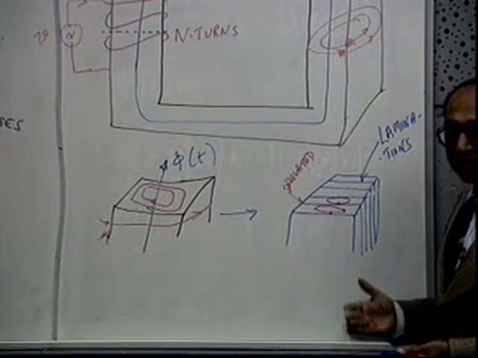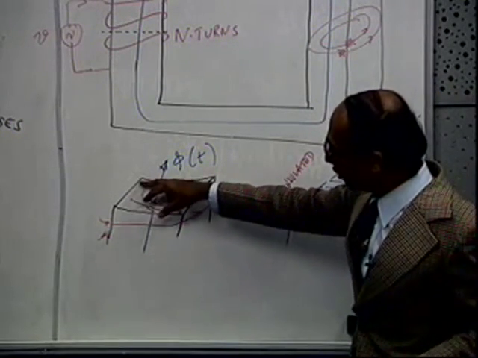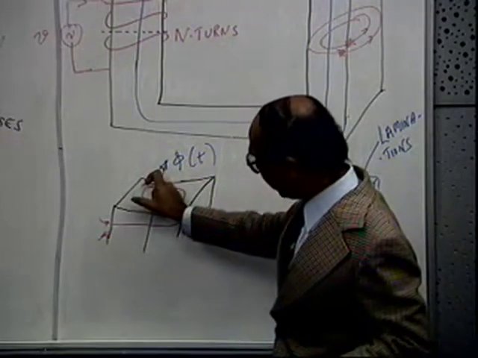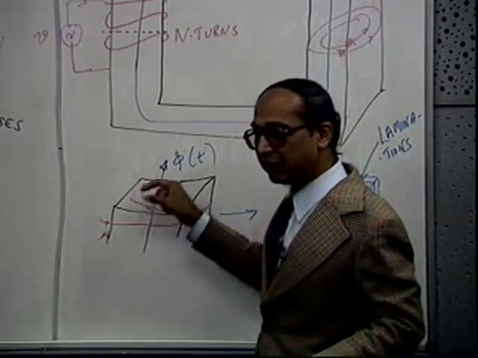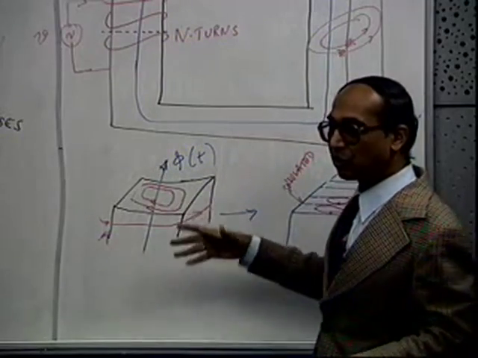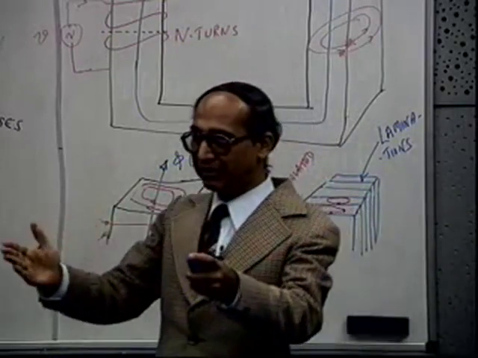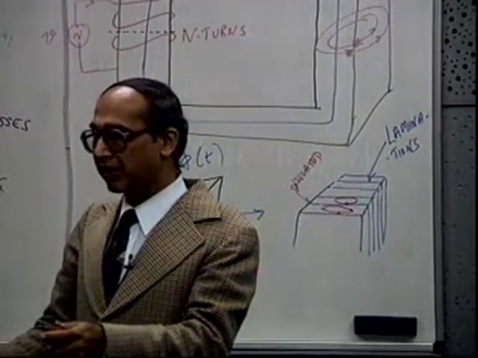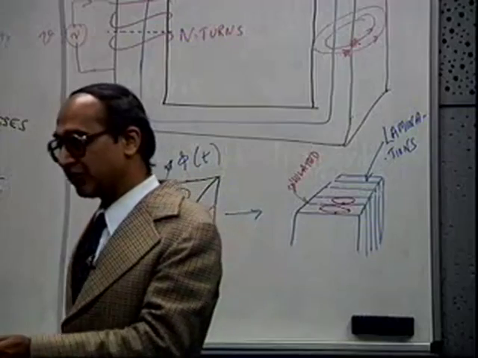The whole path is cut now, so the current induced in each of the sheets will be considerably smaller compared to what it would be if you have a dead short circuit. It is common sense. If you have a thick sheet and cut it into smaller ones, obviously there will be an overall increased resistance to this path.